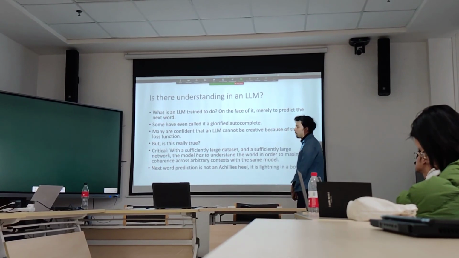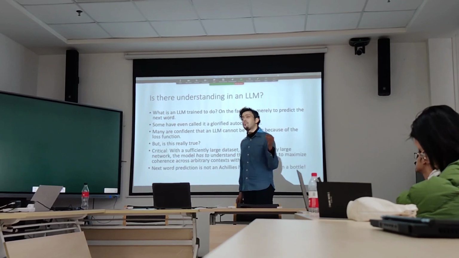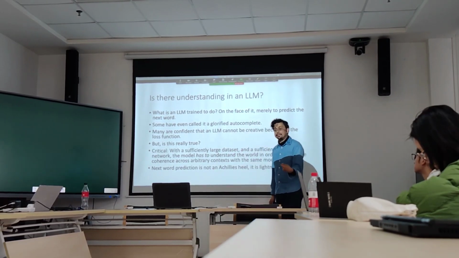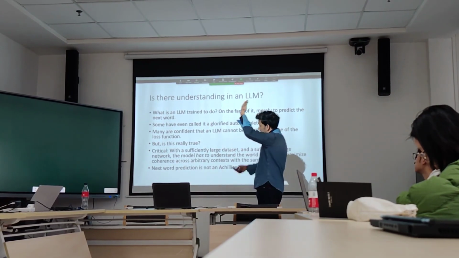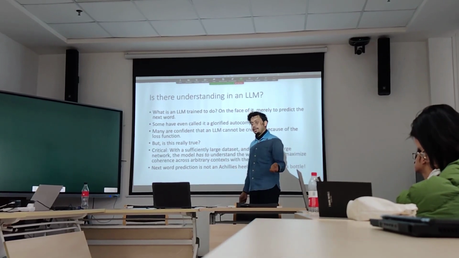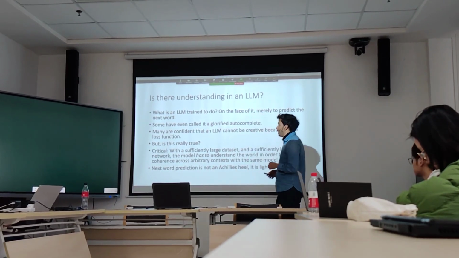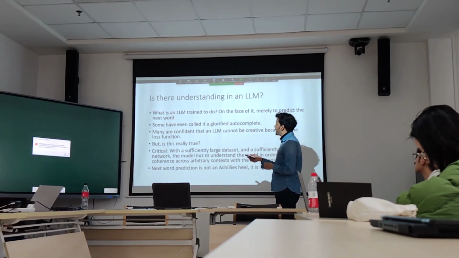And so again, what is the loss function? The loss function is how far off am I in terms of predicting the next word. Now the question I ask here is, is there understanding of the word in a large language model? As I said, on the face of it, it is trained merely to predict the next word.